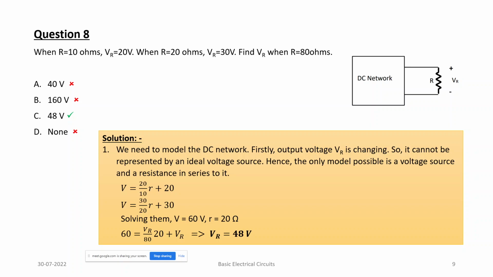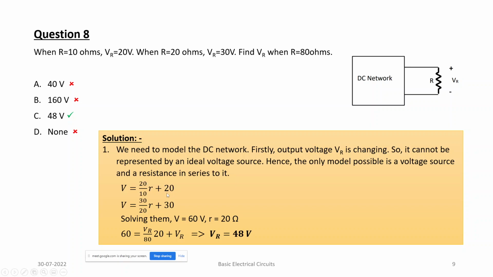So the equation says that voltage is equal to sum of resistances. What is 20 by 10 into R plus 20? Is again a resistance, sir. Please repeat. Sir, voltage is equal to 20 by 10 R plus 20 here.